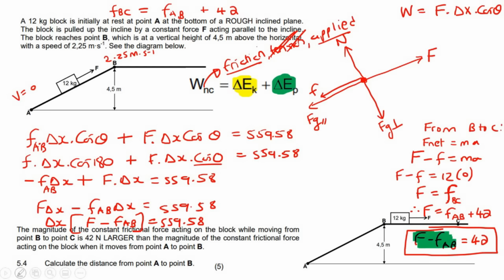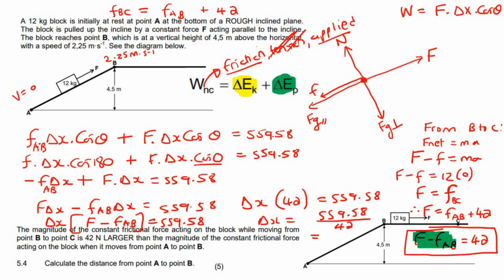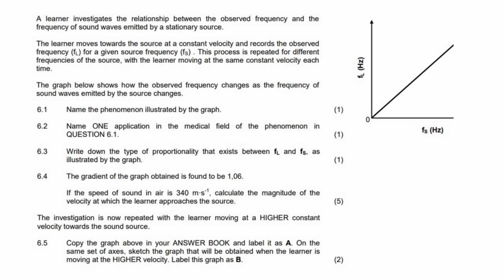So we can then say that Δx multiplied by 42 is equal to 559.58. And look at that, Δx is 559.58 divided by 42, and that'll give us 13.32 meters.